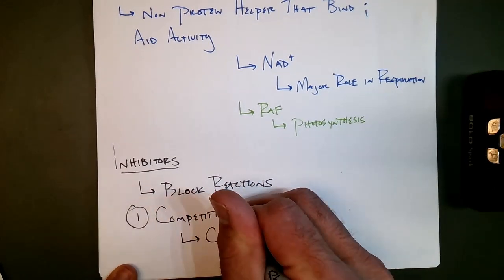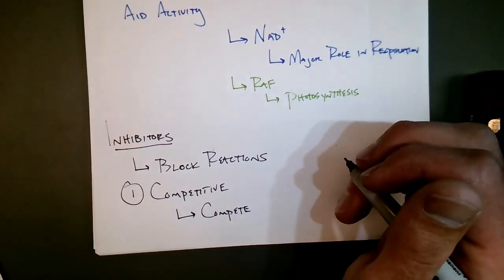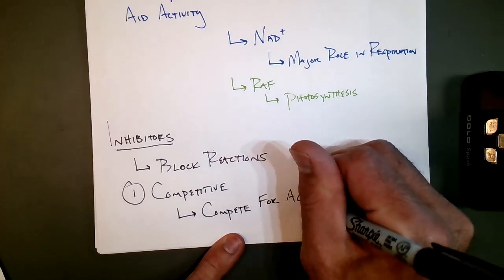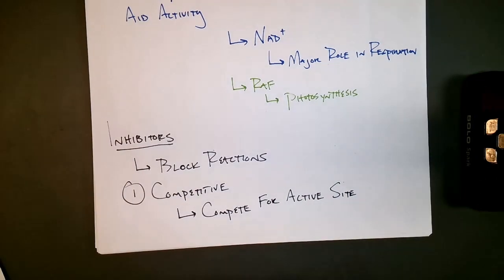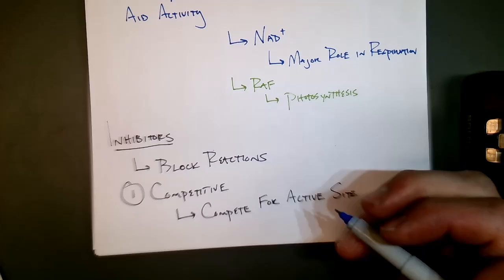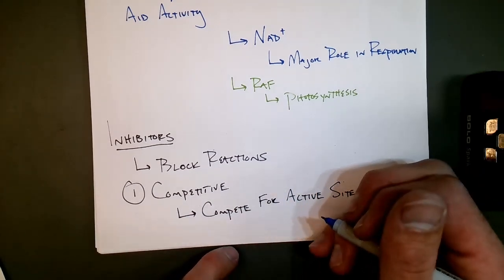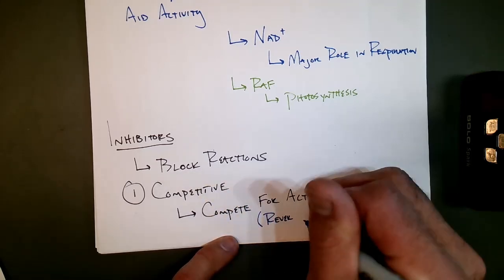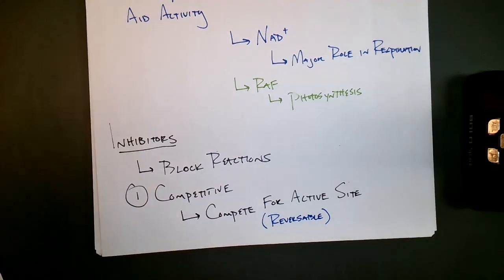They are molecules shaped in a manner that will bind to the active site and not allow the substrate access. Competitive inhibitors, once they break down, if they have a half-life, this would be reversible, because once it's off the active site, then your substrate's going to bind.